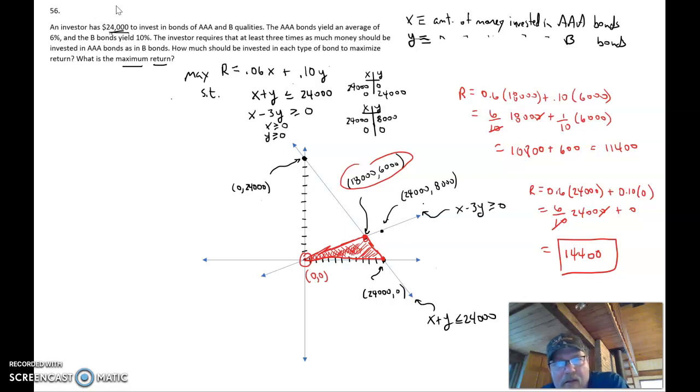But my amount invested in my AAA bonds has to be 3 times or more than the amount invested in my B bonds. So my B bonds were constrained a little bit because my AAA bonds are always going to be 3 times as much or bigger. All of it in the AAA bonds is the best way to go in this case.